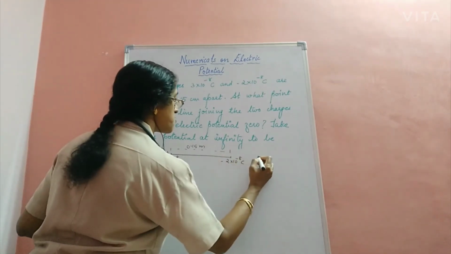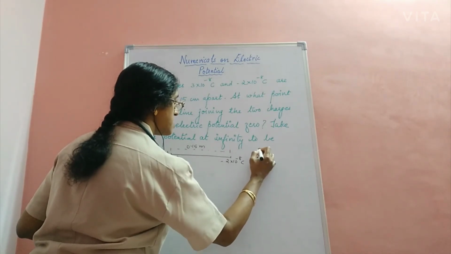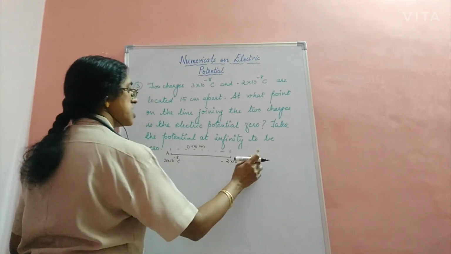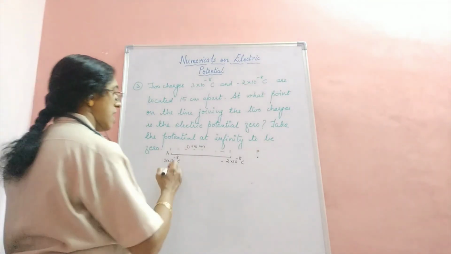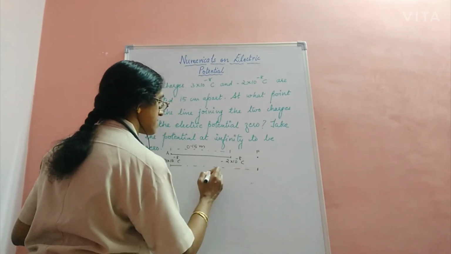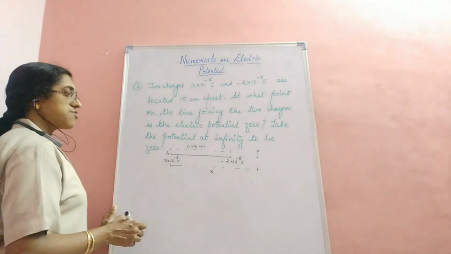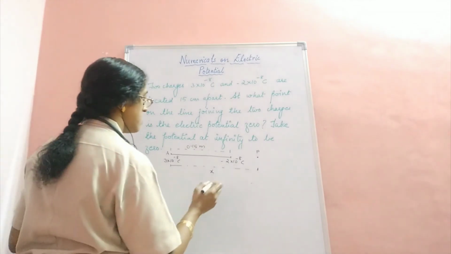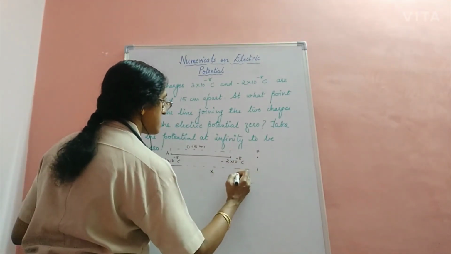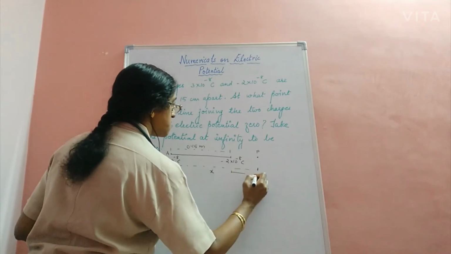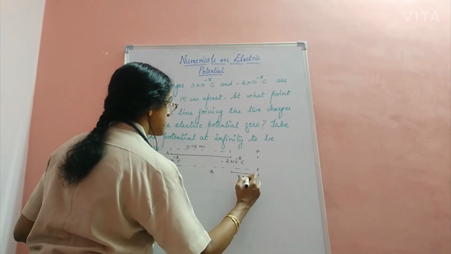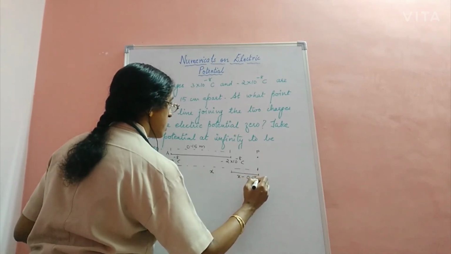Now I am supposing that the point E is present here. I am finding out the potential at this point. And let me suppose that this total distance is x. If this total distance is x, then the distance from here to here would be x minus 0.15 meters.